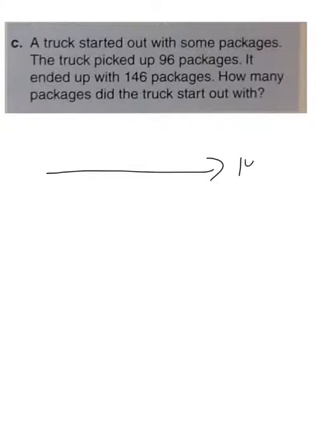And that was 146 packages. We know that it picked up 96, but we're not sure what it started with. Now that we've set up our numbers, and we know that our ending number is our large number, we can go ahead and solve to figure out how many we started with.